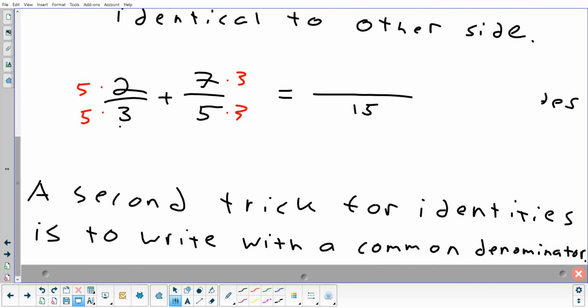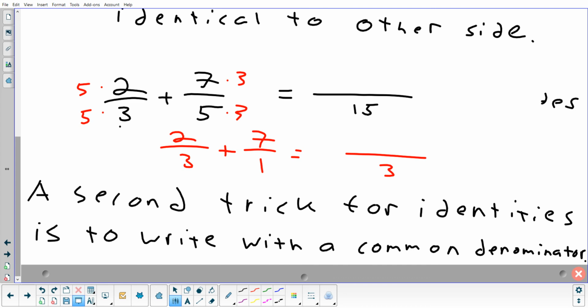Now, there's one time we wouldn't have to change both. Let's say you had something like this. What's the common denominator in that problem that I just wrote? 3. When one of your fractions is already the common denominator, you don't have to change it.